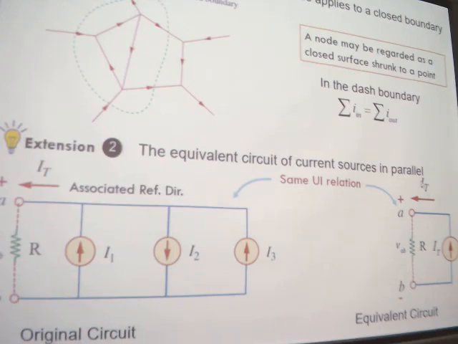And we can see the IT, the current, is going inside into node A. Here is the same. So for this figure, we can notice for this part and this part, it has the same UI relation on the port. Understand? For these two ports, they have the same UI relationship. They have the same U and they have the same I as well. Understand?